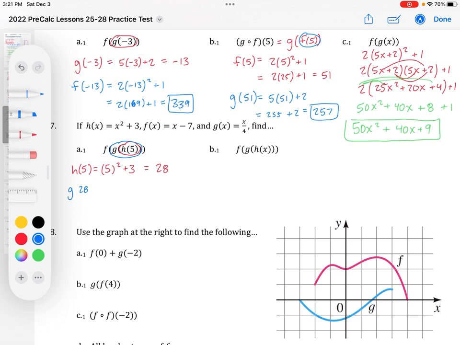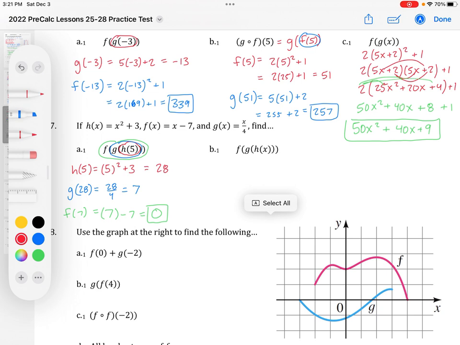So g of 28 is our next step, and that's just 28 divided by 4, which is equal to 7. And now we're going to take that and plug it in for f. So f of 7 is just going to be 7 minus 7, which is 0. So 0 is your final answer.